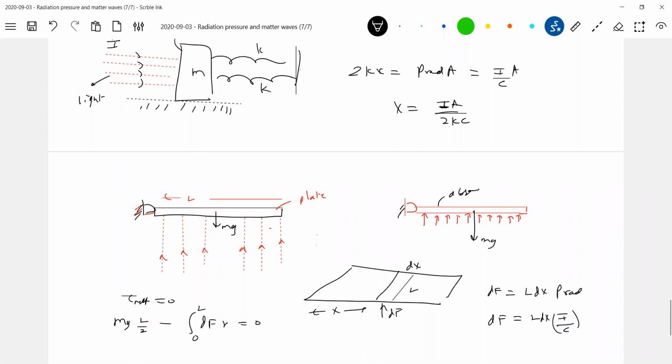And solve the problem. You must be ready for numericals of this kind. The incident beam will exert a force. Due to that force, the body will accelerate, retard, and rotate also. The body can keep rotational equilibrium.